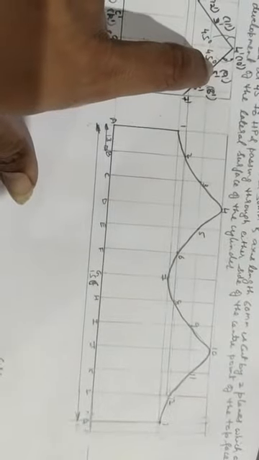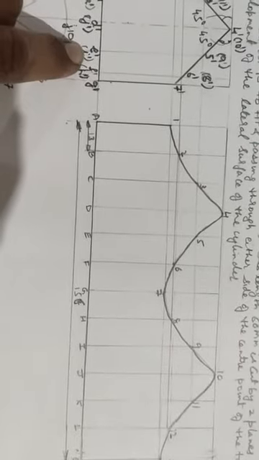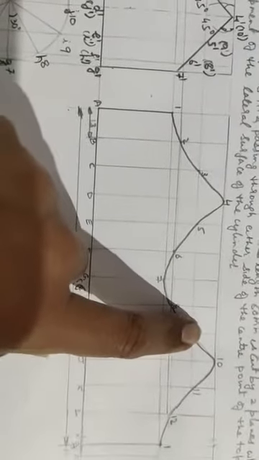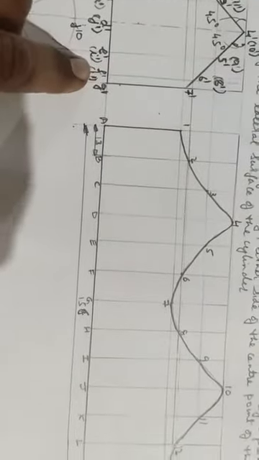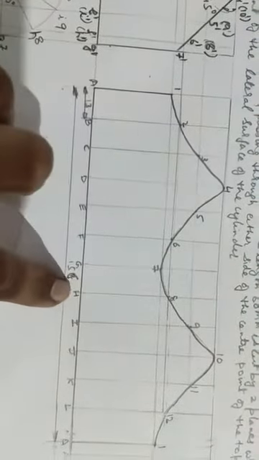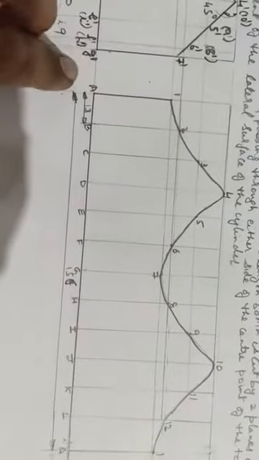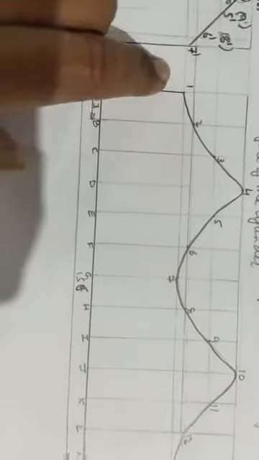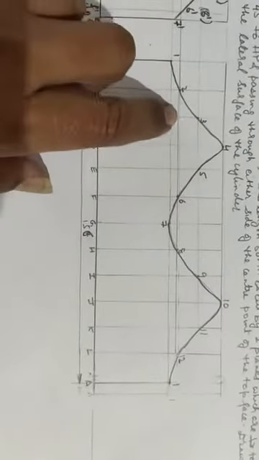Next, 5 and 9 on E and I. Next is 6 and 8 on F and H, so 6 should be on F, 8 should be on H. Finally the last point 7 is on G. So now you have got all these points 1, 2, 3, 4, 5, 6, 7, 8, 9, 10, 11, 12, 1.